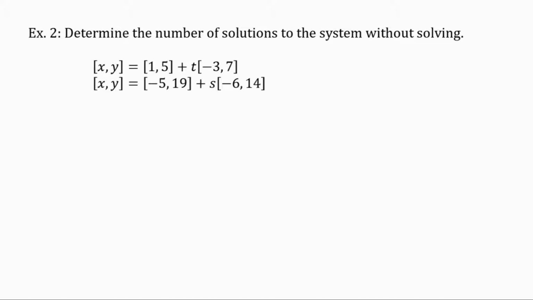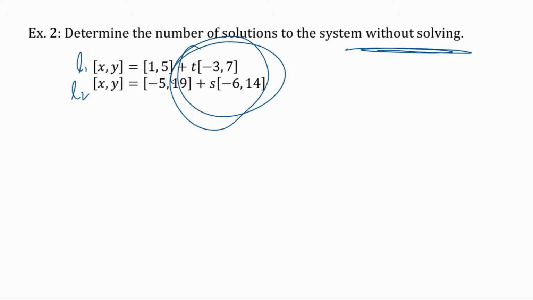All right. Example 2, determine the number of solutions to the system without solving. That's interesting. So I've got 2 lines. I could call this L1 and L2, right? How do I know they're lines? They each only have one direction vector.